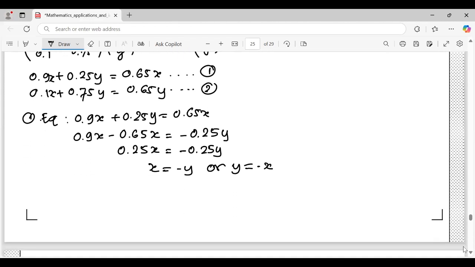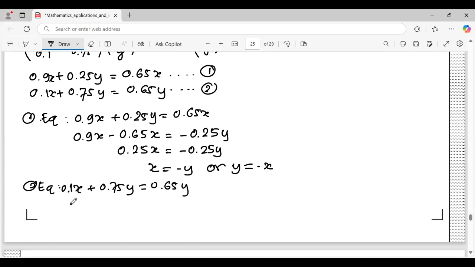And the second equation: 0.1x minus 0.75y equals minus 0.65y.